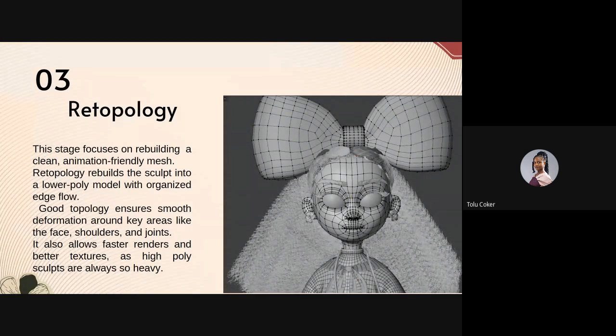So you'll be able to use it for animations or to enable faster renders, or also so you can have better textures, because without your retopology, you will not have a good UV wrap. So retopology is needed for a lot of things.